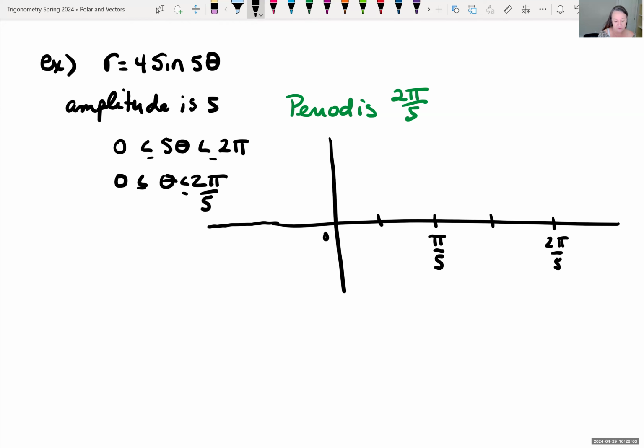And the halfway mark between 0 and pi fifths is pi over 10. And the halfway mark between pi fifths and 2 pi fifths, remember we added them and divided by 2 or multiplied by 1/2. That's going to give us 3 pi tenths.